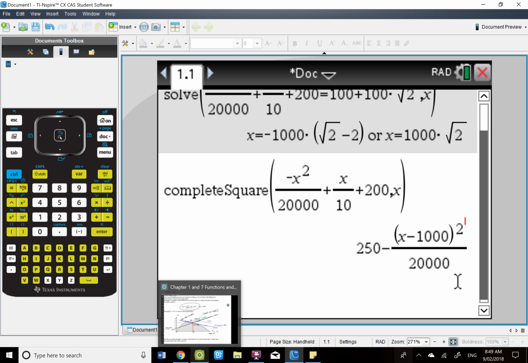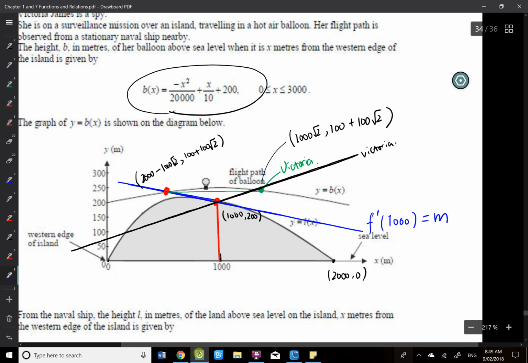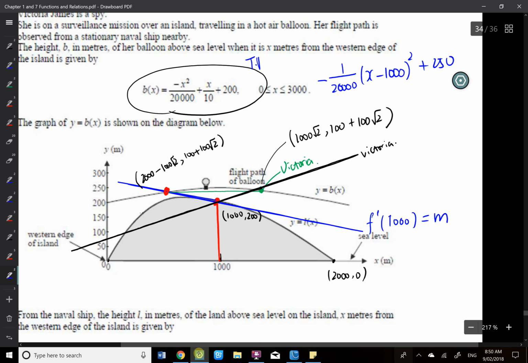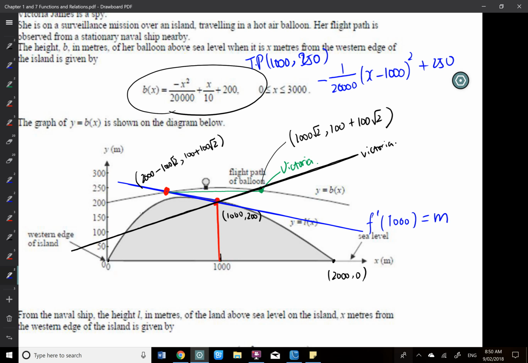So the turning point form is minus 1 over 20,000 times x minus 1,000 squared, plus 250. I can rearrange that. Can you see the turning point now? The turning point is 1,000 and 250. What's the interesting thing here? When you see this turning point, what can you think about? Do you know why I'm thinking about this?